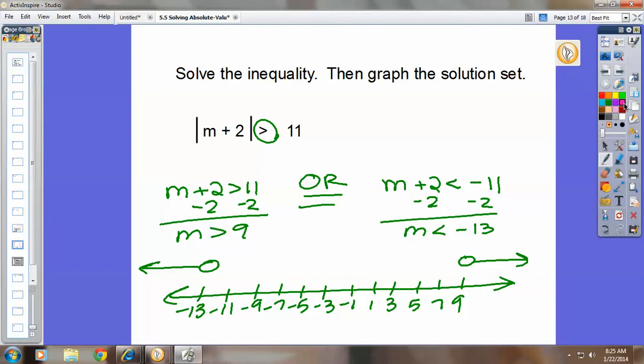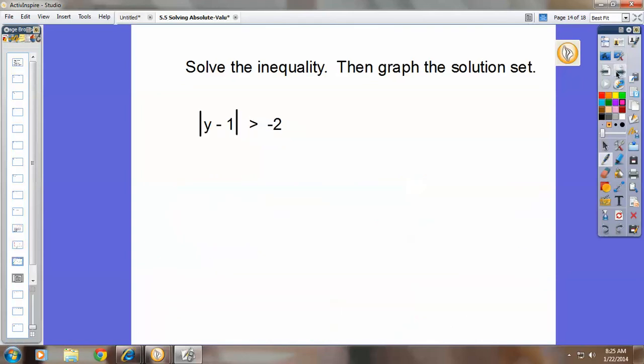So we'll say that m is less than negative 13, or m is greater than 9. Questions so far? Let's do one more here.